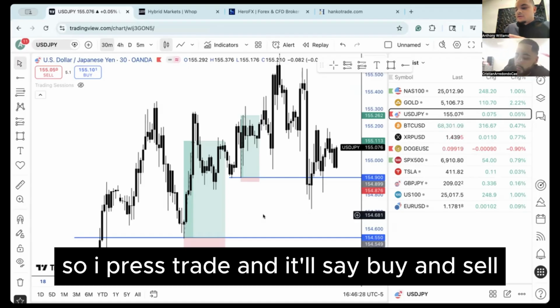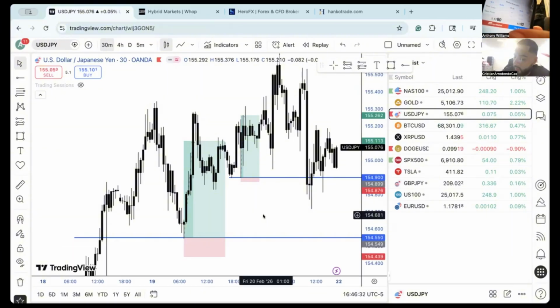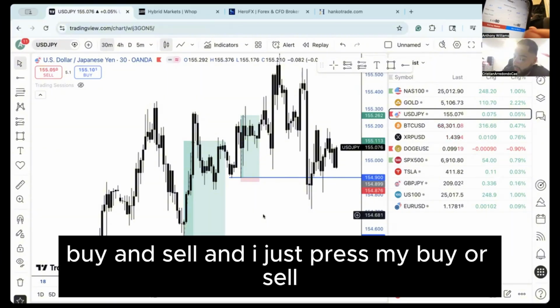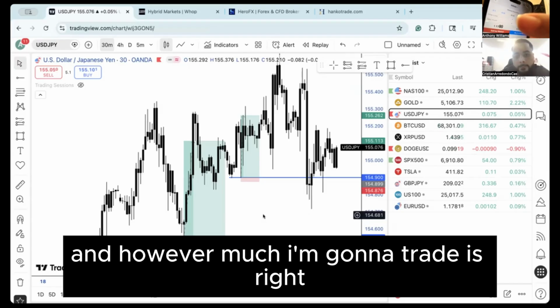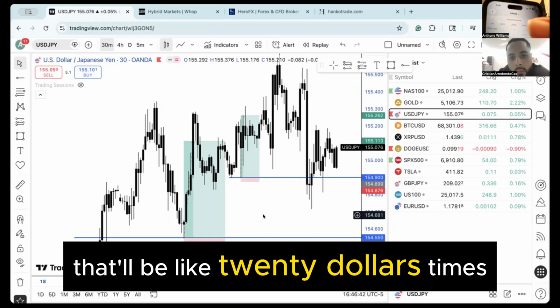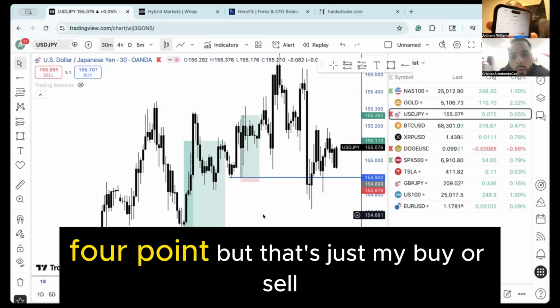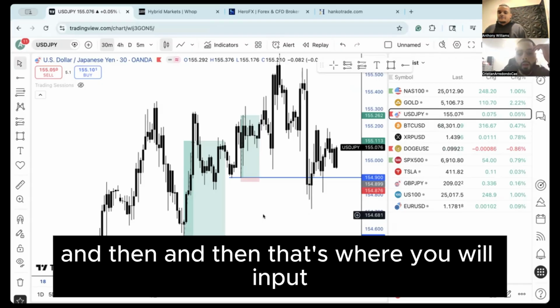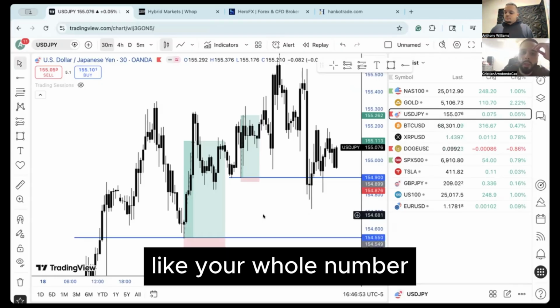So I press trade and it'll say buy and sell. And I just press my buy or sell, and however much I'm going to trade is right there. That'll be $20 times 1.2.3.4 point. But that's just my buy or sell. And then that's where you will input your whole number.